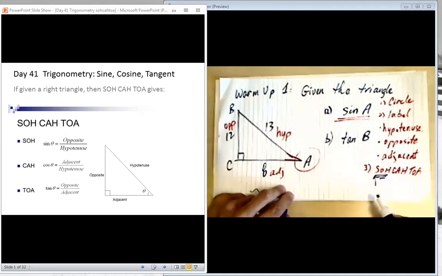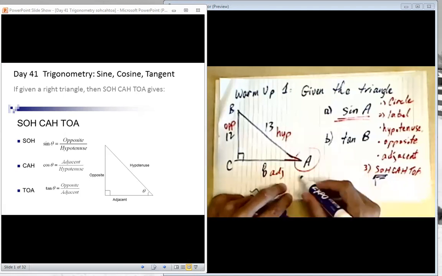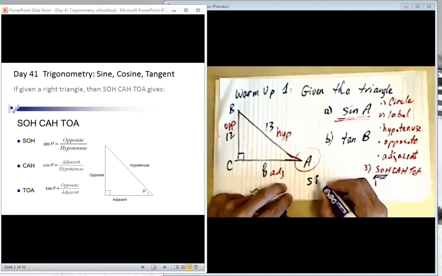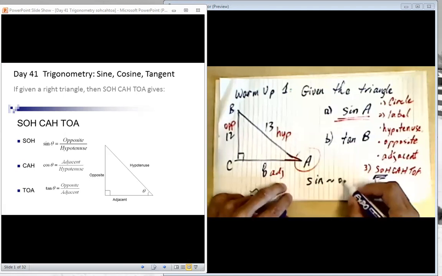And then more than that, from class, you recognized and remembered that the order matters. The S is for sine. O, because it comes next, is on the top. Then H, since it's last, is on the bottom. Okay, so sine is going to be opposite over hypotenuse.